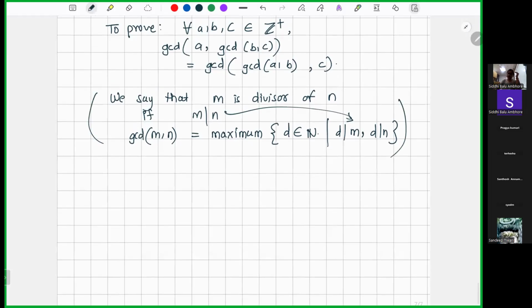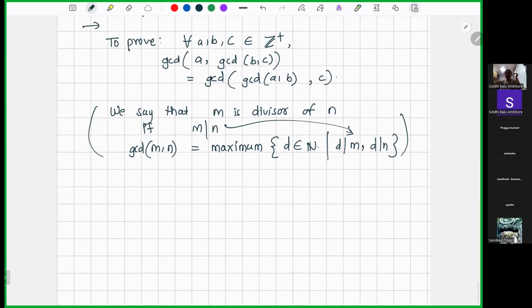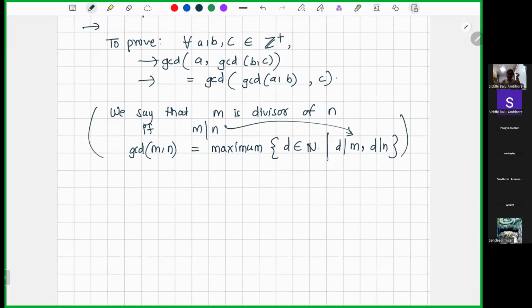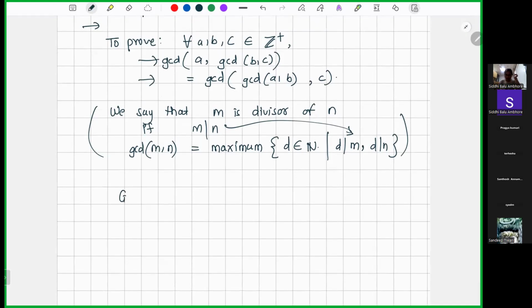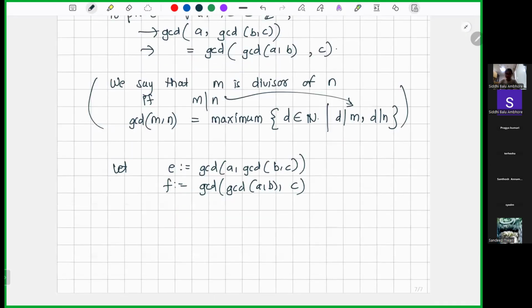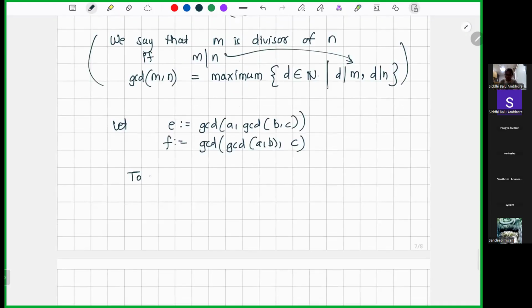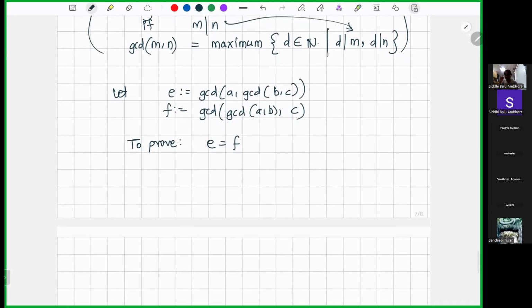And now we have to check this property. So let us start with this. Let us just give names. Let E be GCD of A comma GCD of B and C, and let F be GCD of GCD of A and B comma C. Now we have to prove that E is equal to F. That's essentially what we have to prove when we say we have to prove the associativity property for this operation on the set of integers.